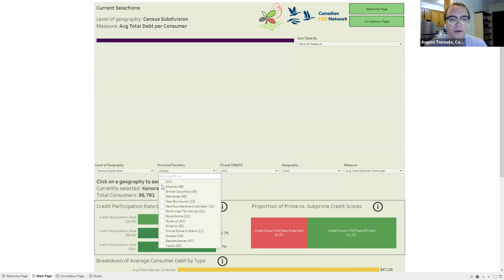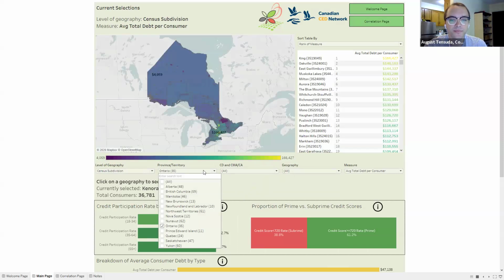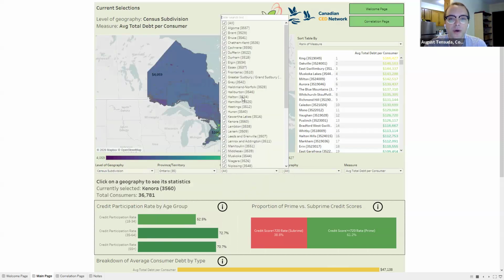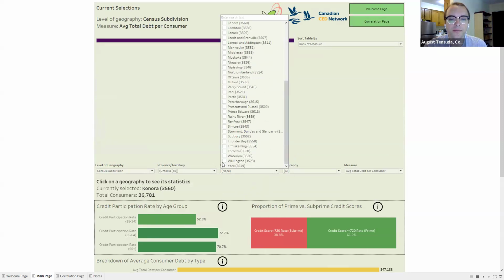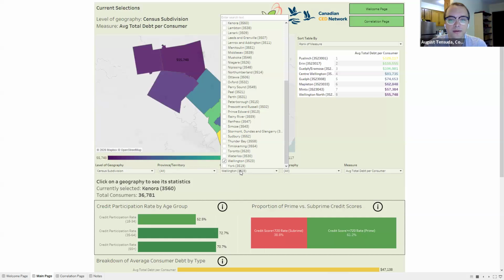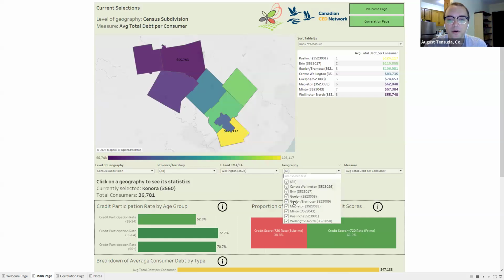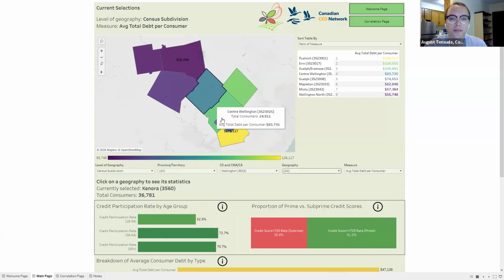And then I know that it's Ontario, so I'm just going to go down to Ontario. And then I know that it's in the Wellington census division, so I'm going to scroll down to Wellington. And then from here, I can select it on this geography filter, or I could click it on the map if I know my geography a bit better.